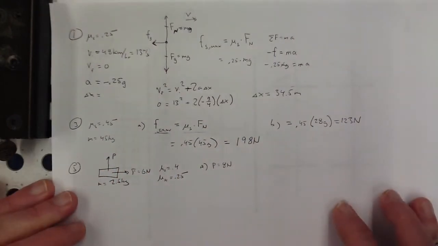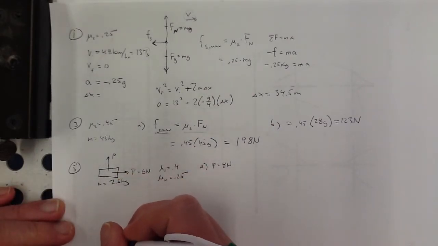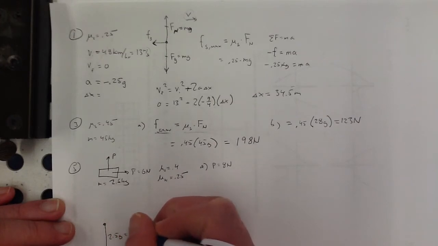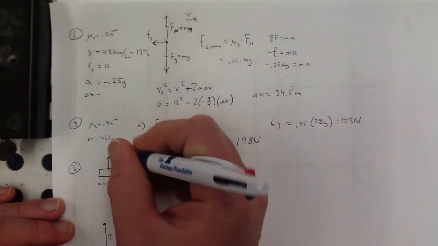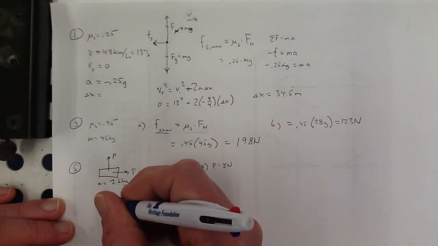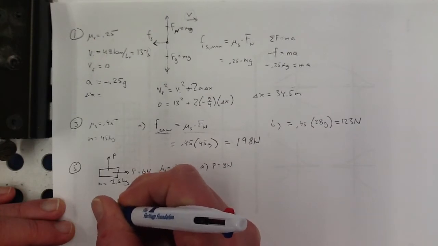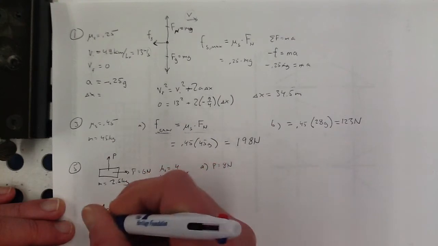I'm going to make a little force diagram here. So this is 2.5 G. The normal, now this P is upward here, and the bigger the P is, the smaller the normal force is going to be, right? Because those are both in the same direction.